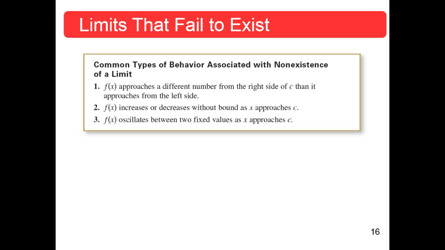Or number 3, f of x oscillates between two fixed values as x approaches c. It just oscillates faster and faster and faster. I can almost guarantee you this will have an undefined argument somewhere in it. Okay? Maybe not always, but quite often that'll be the case.